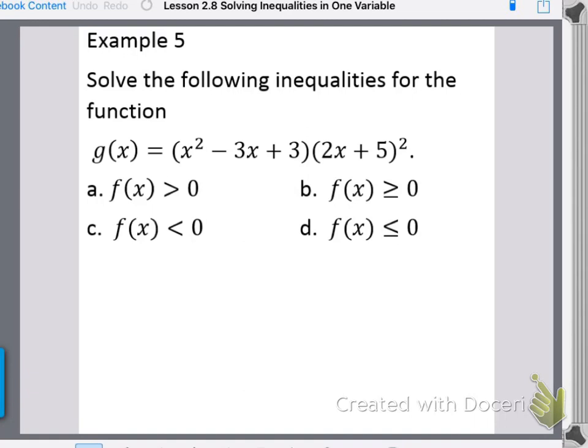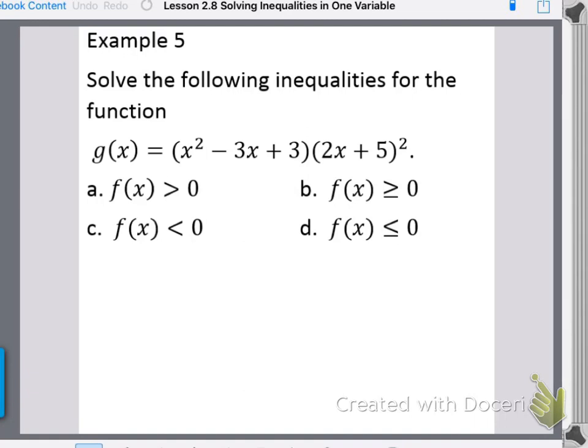All right. Now, same thing up here. Here's our equation, and we got to solve each of those inequalities. So, what do we have to do? Well, let's see. For f of x greater than 0, pick an x greater than 0.